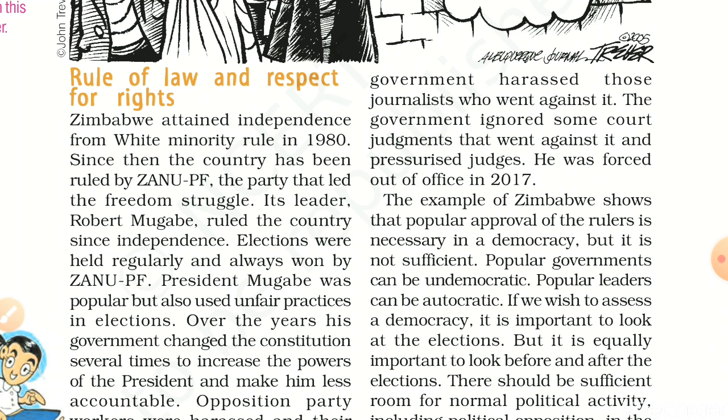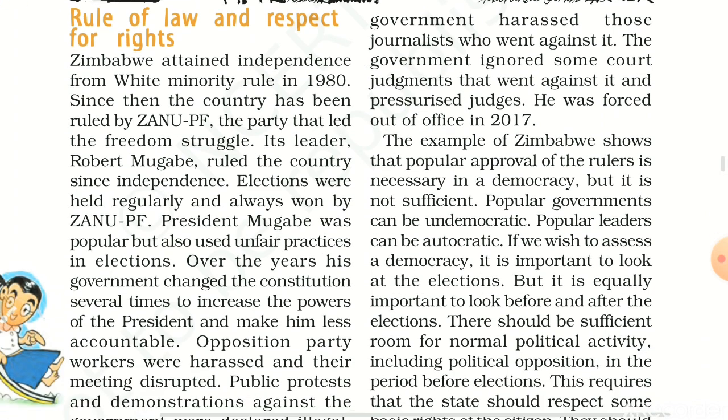The party that led the freedom struggle, its leader Robert Mugabe, ruled the country since independence. Elections were held regularly and always won by ZANU-PF. President Mugabe was very popular and very famous, and he also used unfair practices in elections.